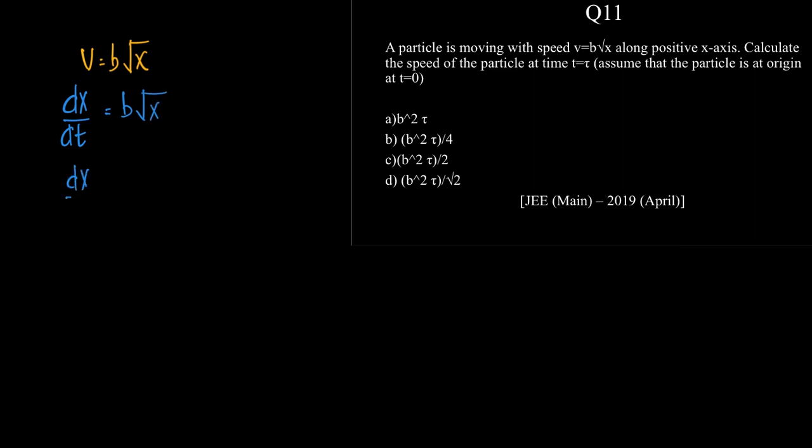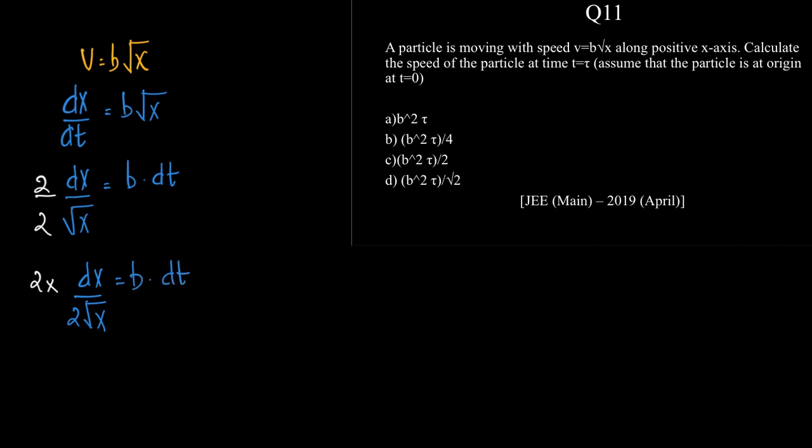So I can write dx upon root x is equal to b into dt, right? Now what I'll do is I'll multiply 2 on numerator and denominator and write like this: 2 into dx by 2 root x is equal to b dt.